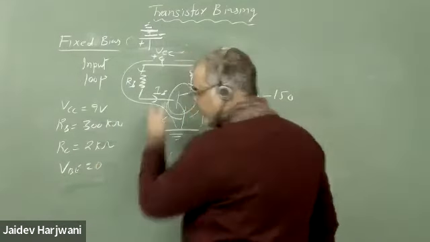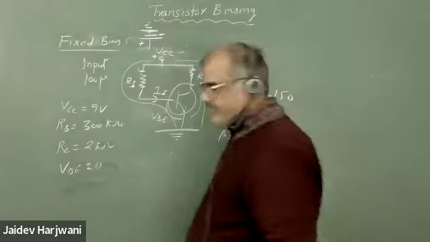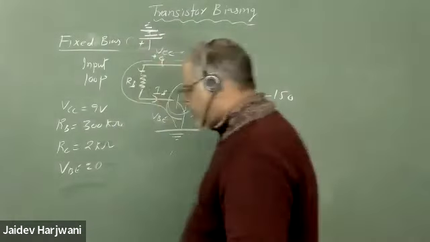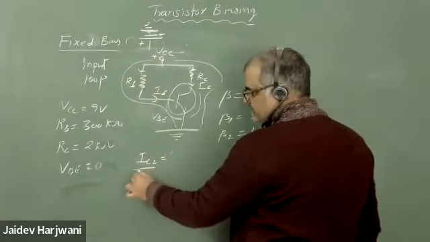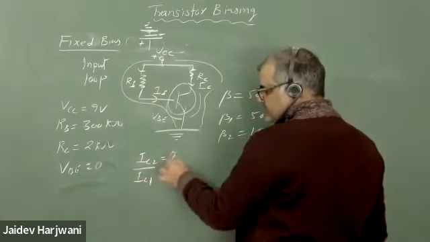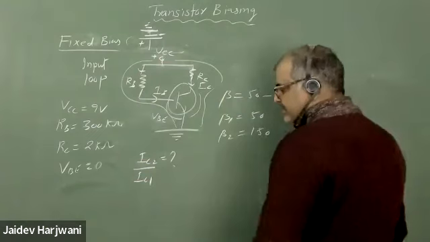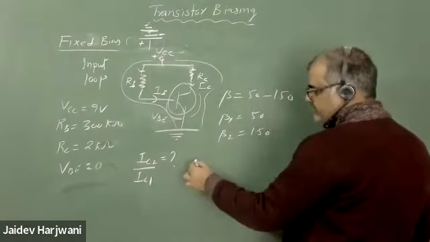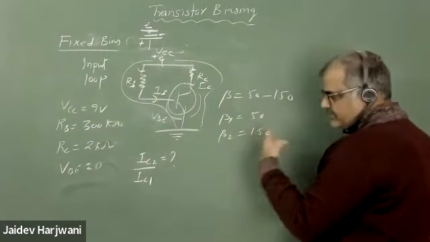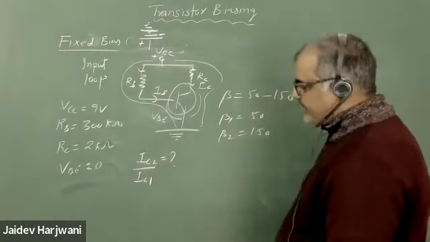Now calculate the operating point and the ratio of IC2 versus IC1 in these two cases, and tell me what is the region of operation and what is your operating point.